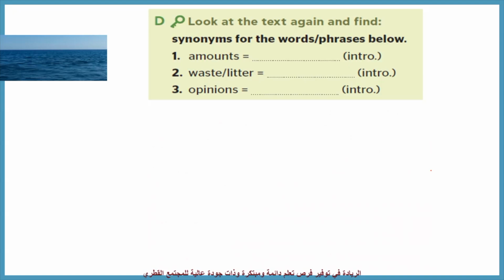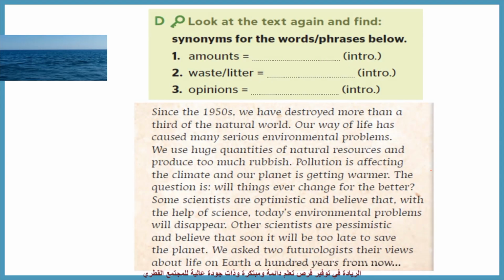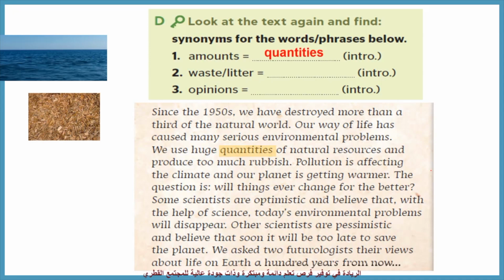Number 1, amounts. Amounts means numbers. Which word in the passage has the same meaning as amounts or numbers? Quantities. We use huge quantities of natural resources. It means we use a big number or big amount of natural resources.